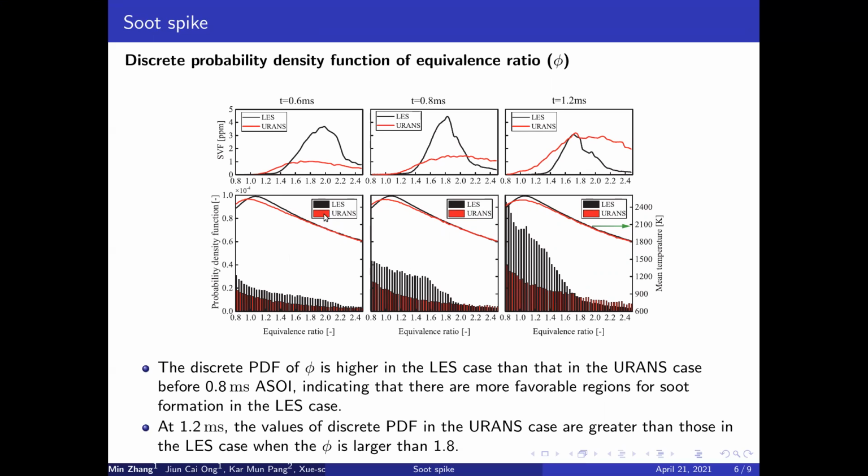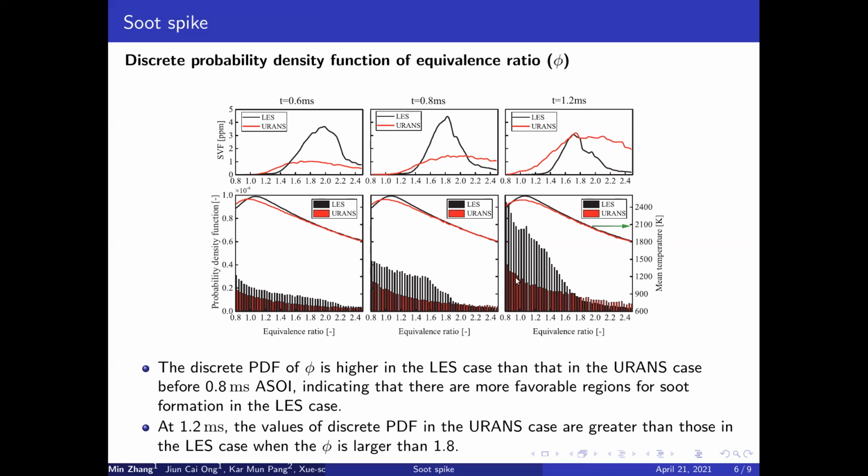So you can see the black bar is higher than red bar before 0.8 millisecond. This tells us there are more favorable region for soot formation in the LES case.